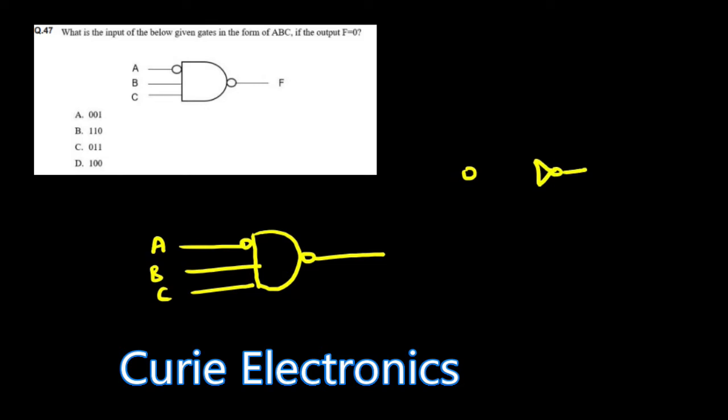So after the NOT gate, it is entering the gate. What is the question? What is the input of the below given gate in the form of ABC? So it is going to be 0, 1, 1. 0, 1, 1 is the right option. Option C.